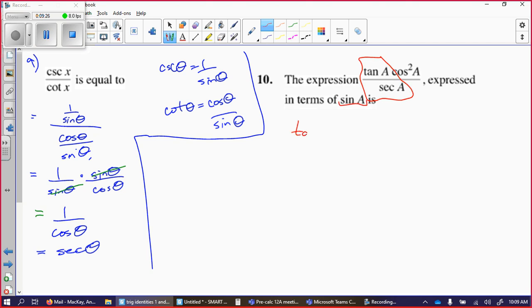This is tan of A over secant of A. Not knowing where everything goes, I see a cos squared. I know I could say cos squared A equals 1 minus sine squared A and put that in there. That might help. But I'm going to put tan and secant in terms of sine and cosine, and then we'll see what we can do.